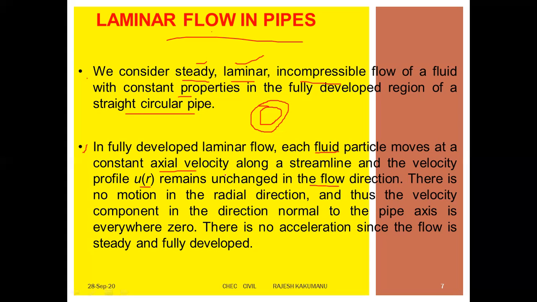Each fluid particle moves at a constant axial velocity along a streamline, and the velocity profile remains unchanged in the fluid flow direction. There is no motion in a radial direction, so there is no chance of moving in the radial direction. Why? Because it's a straight pipe, and thus the velocity component in the direction normal to the pipe axis is everywhere zero.